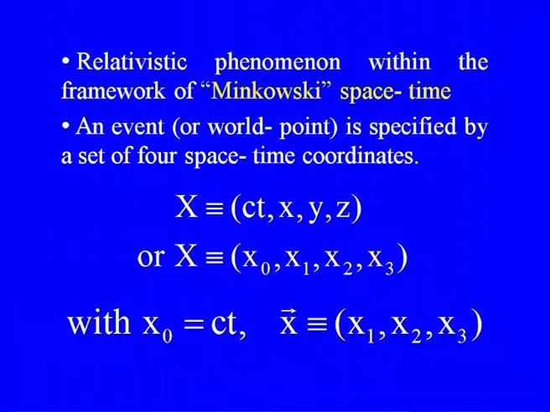Of course, you can multiply the constant velocity of light to time, so that you have the dimension of length for all the coordinates. We can simply multiply c to the time coordinate, and then we have x, y, z, the three space coordinates, with the same dimension for all. Then we can simply write x0 to be the 0th component, and the other three components for the three-vector.